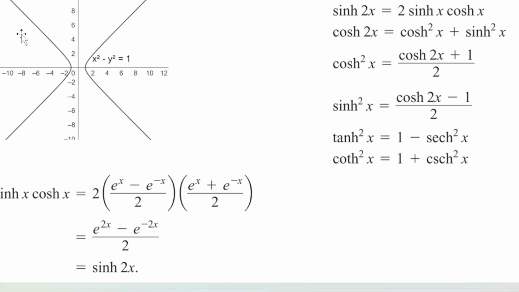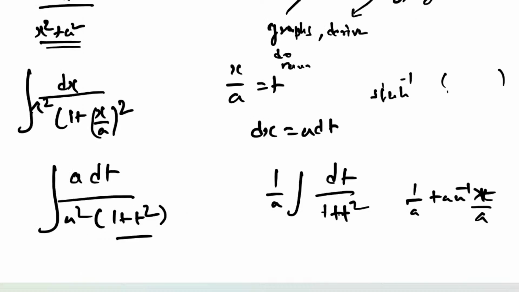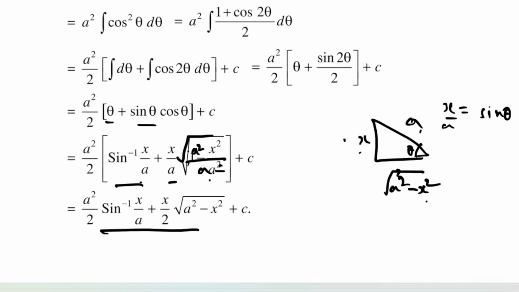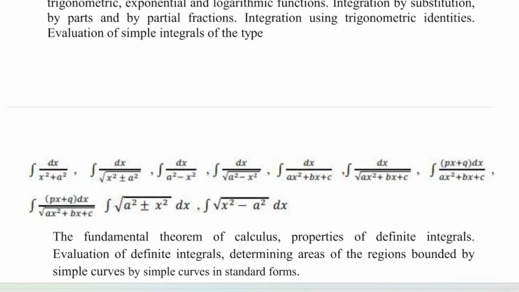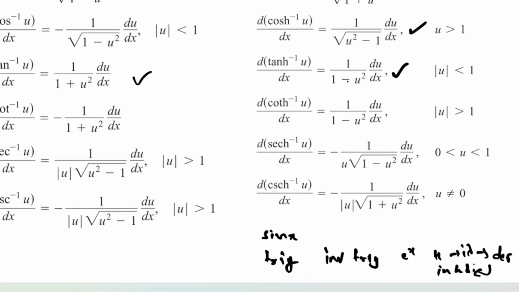Try these also. Try doing tan h inverse x once and see whether you are getting this thing or not. Tan h inverse x, you have to differentiate.